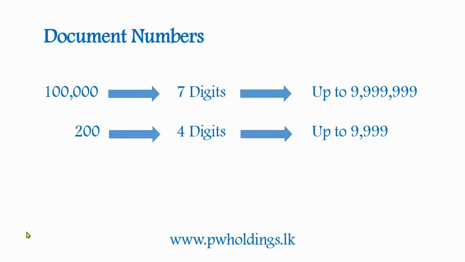When deciding the number of digits of a transaction, you can analyze your previous year's number of transactions of a particular type. If you have invoices of more than 100,000 transactions per year, it's better to use 7 digits for invoice numbers.